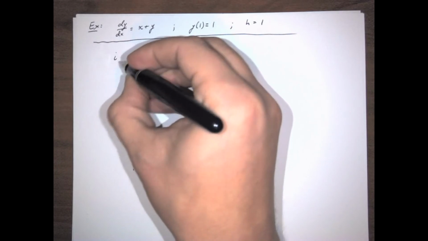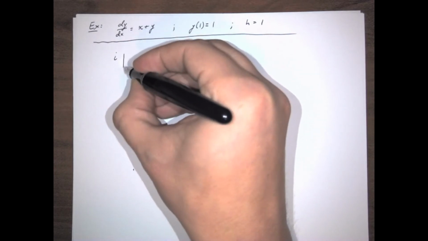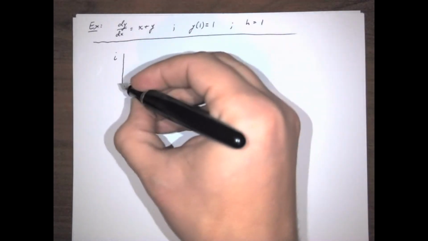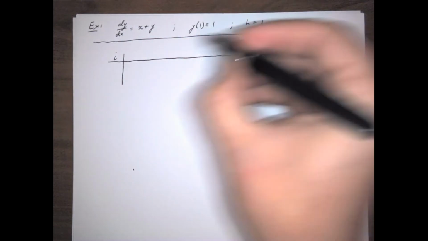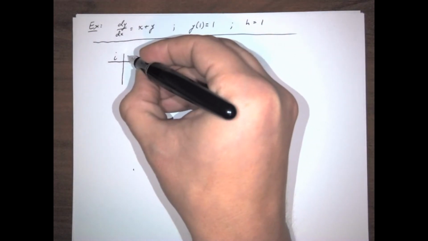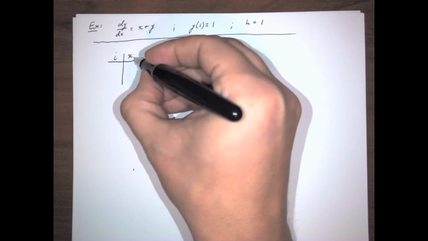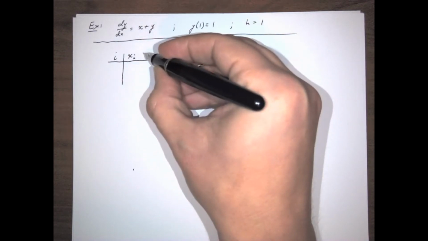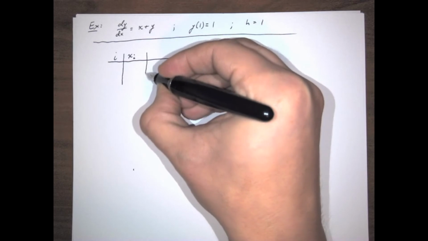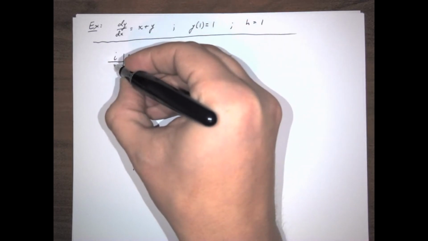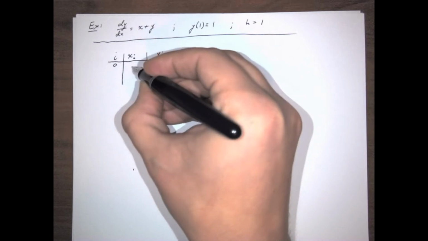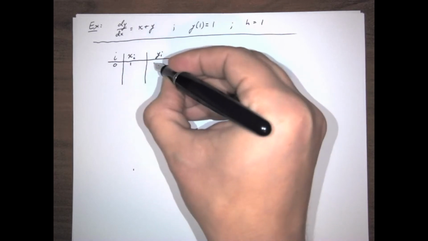All right, so we're just going to make our table here. I'm not going to make a lot of entries in our table, again, because it is a bit time consuming, as you're about to see. So we'll just say i, xi, yi. So right now already, i is 0. We can see that x is 1, y is 1.